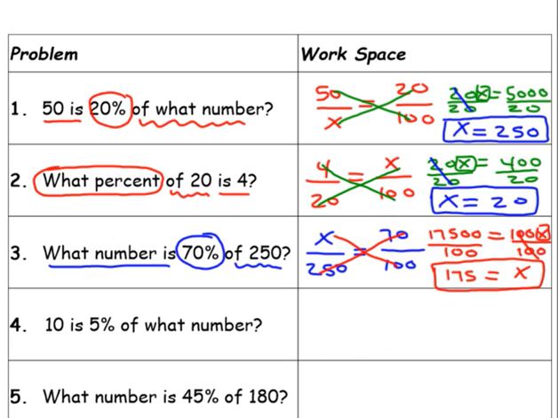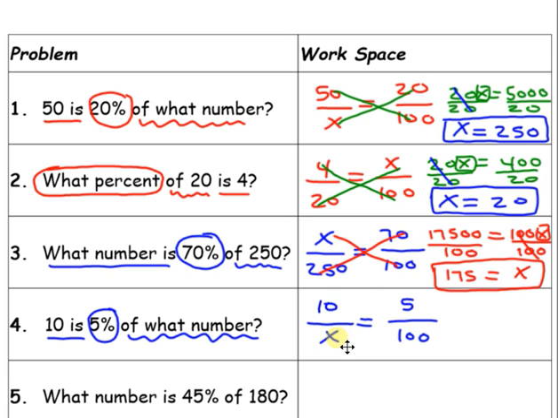All right, let's try another one. So 10 is 5% of what number? Let's go ahead and try it out. 100 is our freebie. We have a percent, it's 5. 10 is, that's our top. Of what number? We don't know. That's our x.